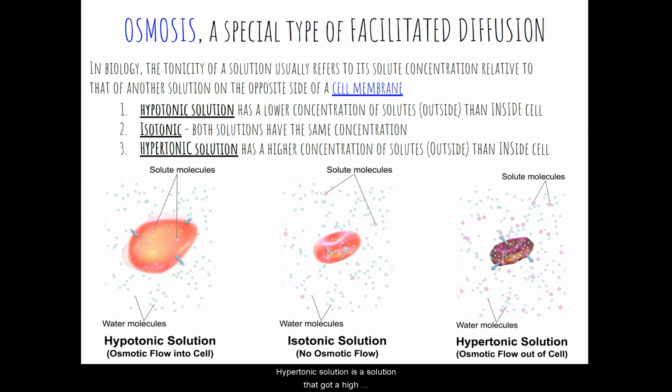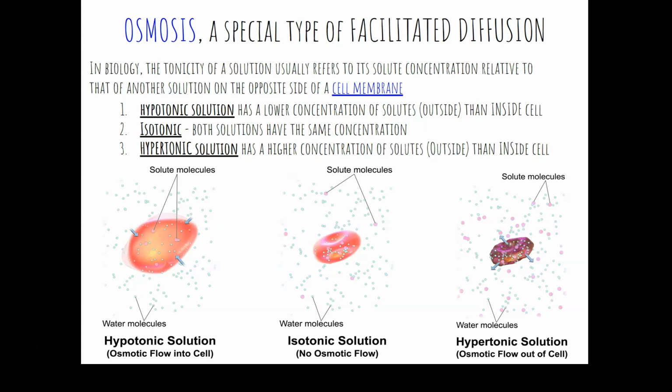A hypertonic solution is a solution that's got a high concentration of solutes outside. So if we were talking about sugar, there would be more sugar molecules outside of the cell than inside of the cell. Another way of putting it is the relative proportion of water molecules to sugar molecules is that there's more water inside the cell compared to outside of the cell.